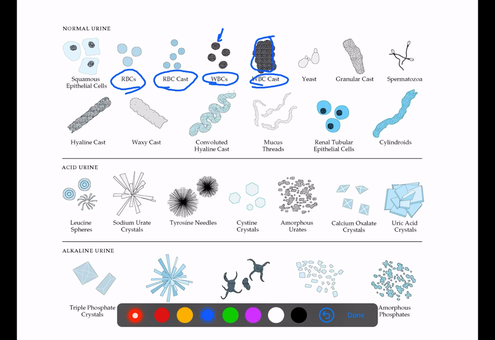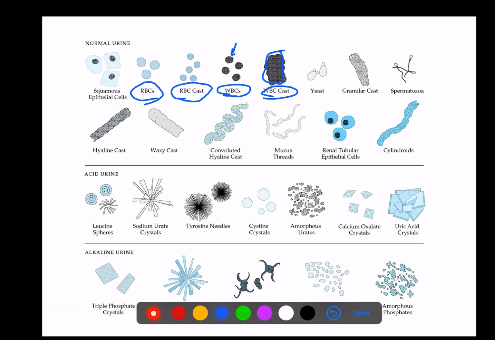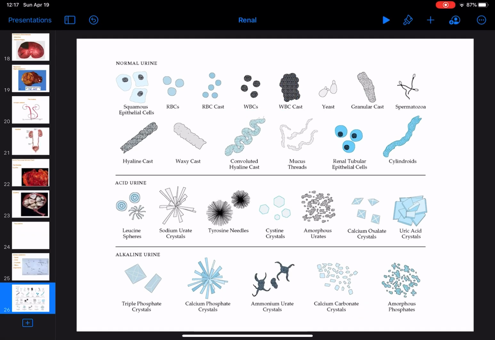This is an important indicator of a problem with the urinary system. At last, I hope to finish my lecture with a summarized review of urinary system pathology. Thank you for listening.